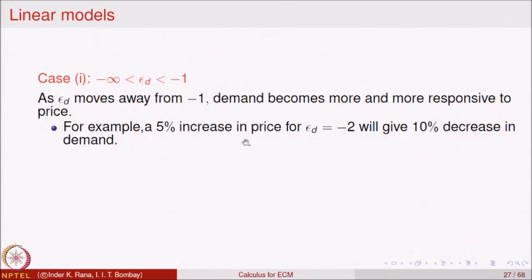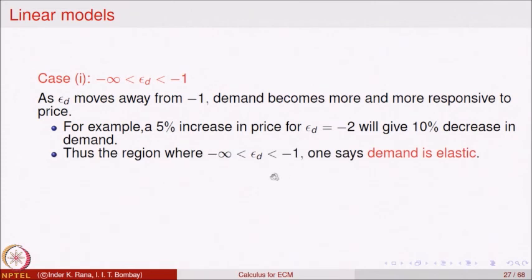So, for example, a 5% increase in price at minus 2 will give you a 10% decrease in the demand, because the ratio is equal to minus 2, so it is double.